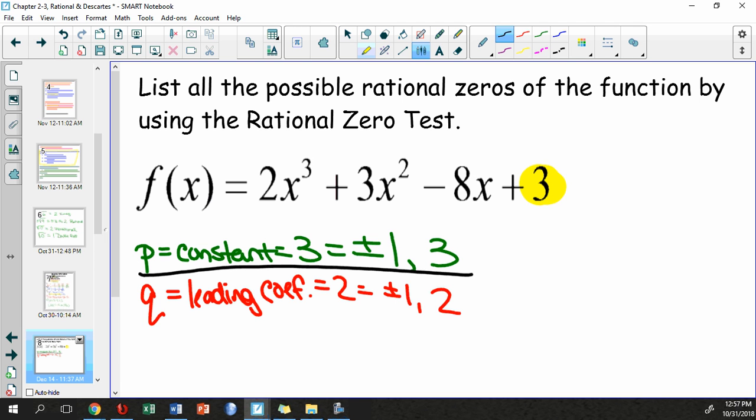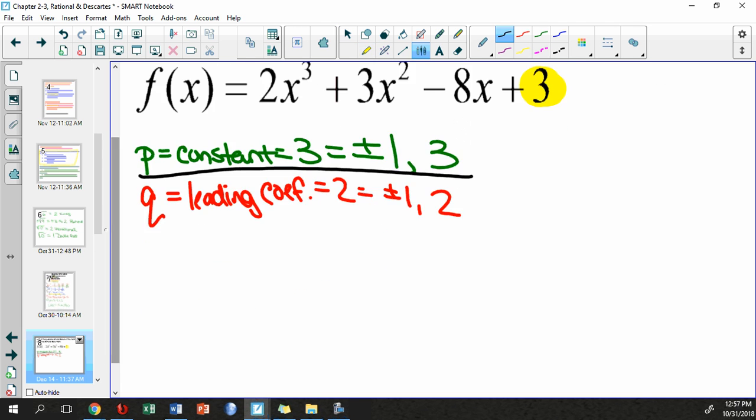Now, what you want to do is P divided by Q. And this is the biggest mistake that the majority of students make in this because they are never able to figure out how to be consistent and not forget any of the options. So this is what I tell them always to do. Circle the first number in the denominator.